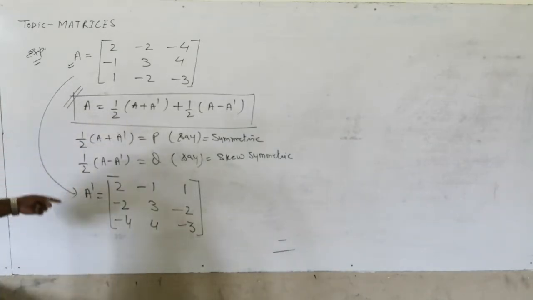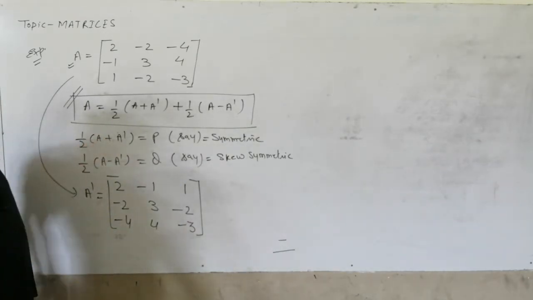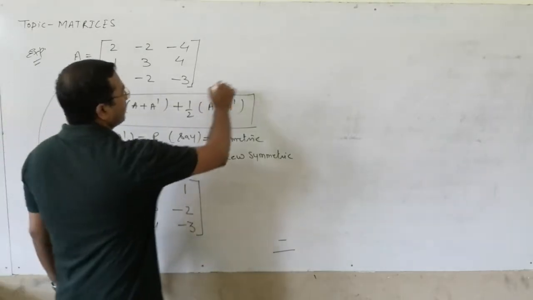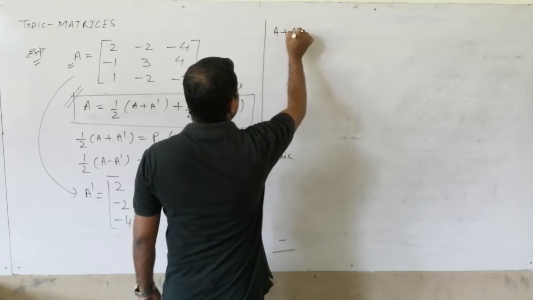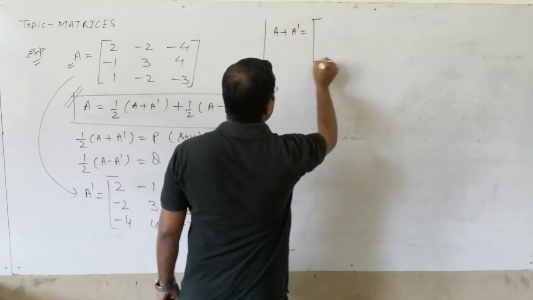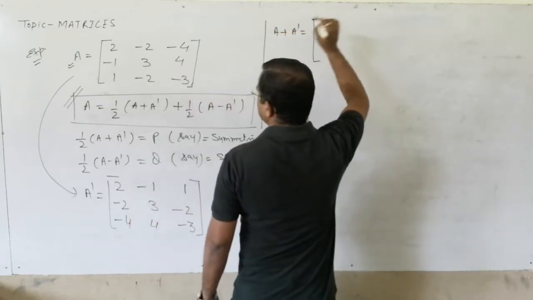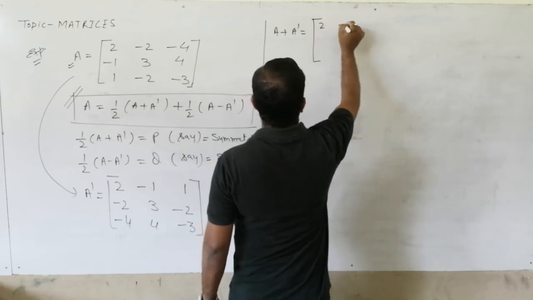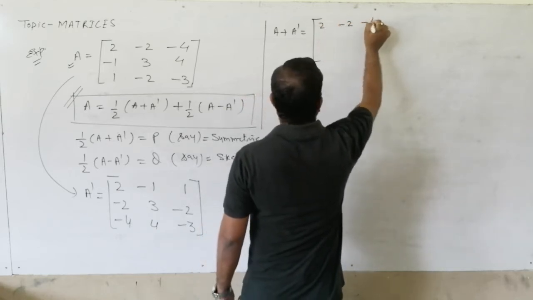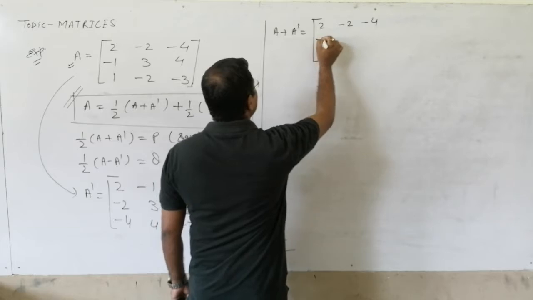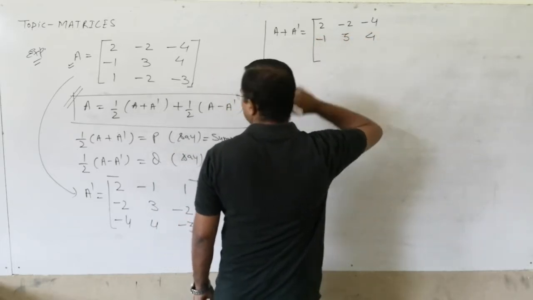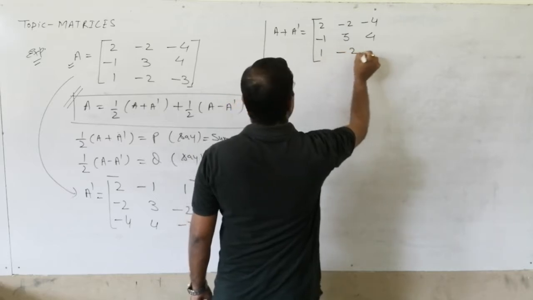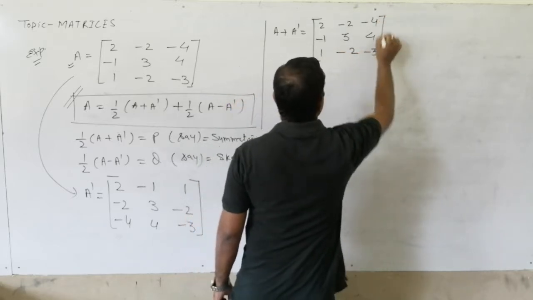We will find what is A plus A transpose now. See here we are finding this. What is the value of A plus A transpose? If we add these two matrices, it is 2, minus 2, minus 4 and minus 1, 3, 4, 1, minus 2, minus 3.